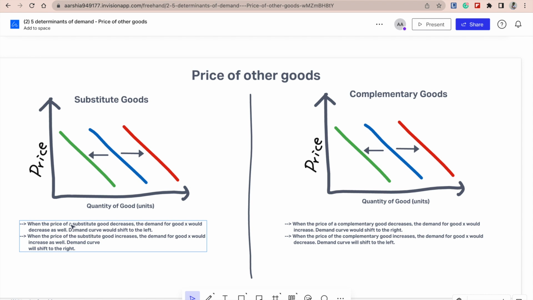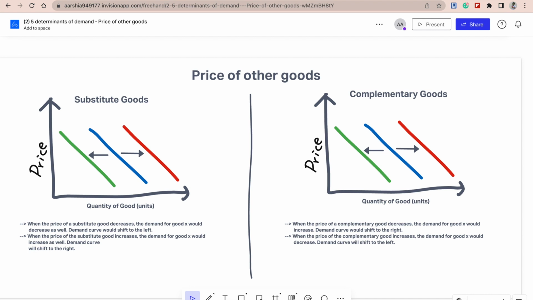So when the price of a substitute good decreases, the demand for good X would decrease as well. What this means is that if the price of, let's say, apple juice were to decrease, then the demand for milk would decrease as well.